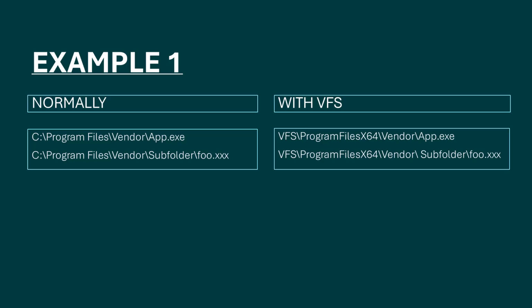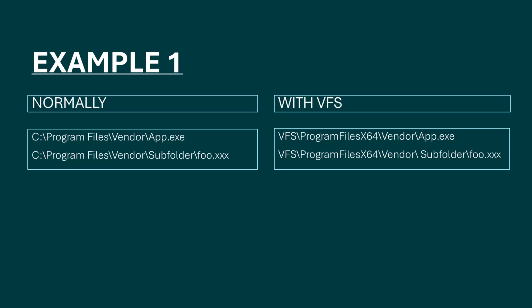Now, the way your app is written, you might construct the path to find foo by using the execution assembly path, or maybe the working directory, or the known folder ID for program files. The first two approaches, execution assembly and working directory path, should yield the result of exactly where the file is located, even though it's now in the container.